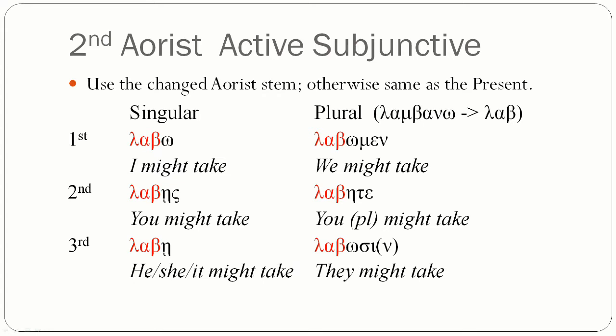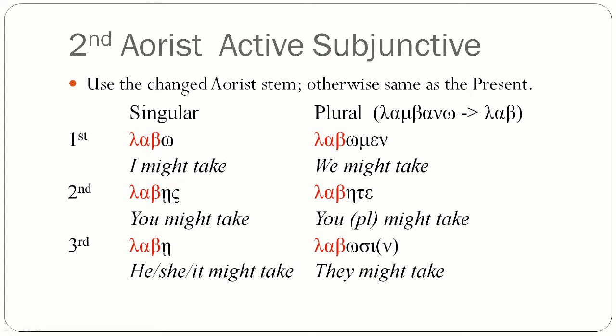There wasn't any great place to put this, but right after the plural in that second column, you'll notice in parentheses it says lambano. And the stem of lambano changes to lab in the aorist, lambda, alpha, beta, and that tells you this is now an aorist stem.